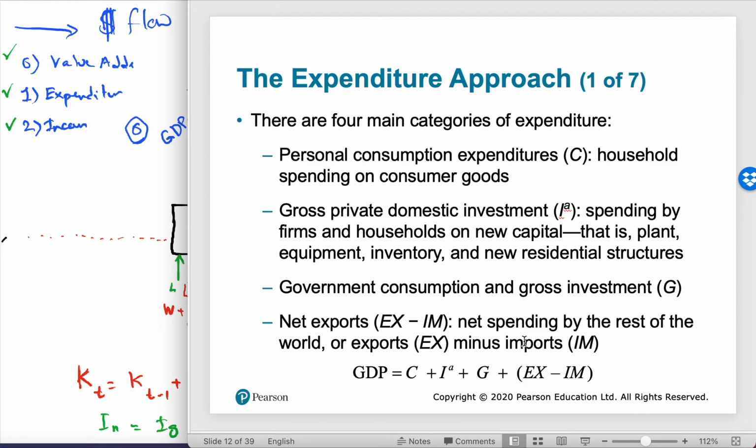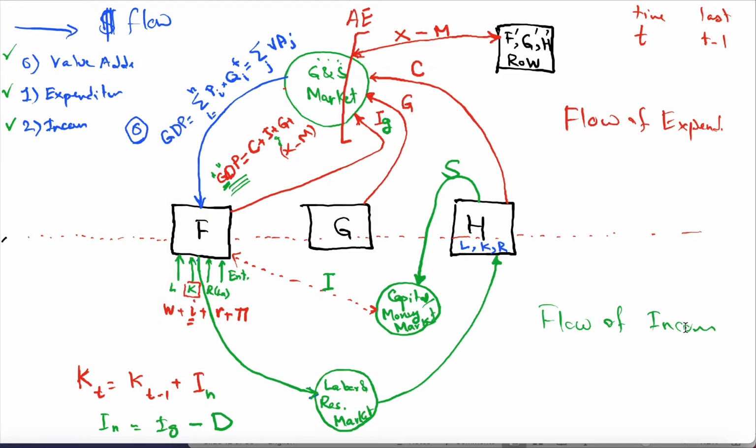In the expenditure approach, there are 4 categories. And by the way, you should see that for GDP, the income approach is W plus I. So all these should be equal to this. Let's call it Y. Y is equal to all of them.